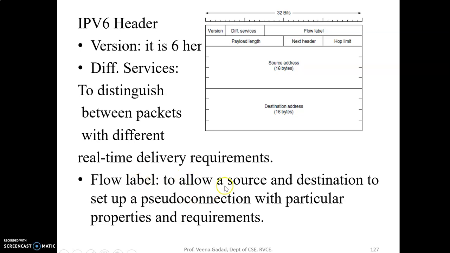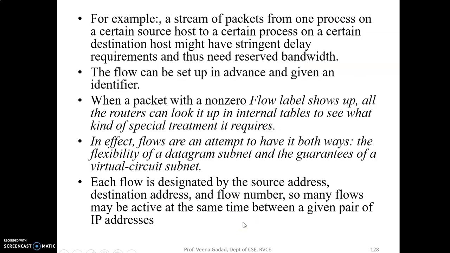Flow label allows source and destination to set up a pseudo connection with particular properties and requirements. For example, a stream of packets from one process on a certain source host to a certain process on a certain destination might require a stringent delay requirement and thus reserve the bandwidth. You can mention this in your flow setup.